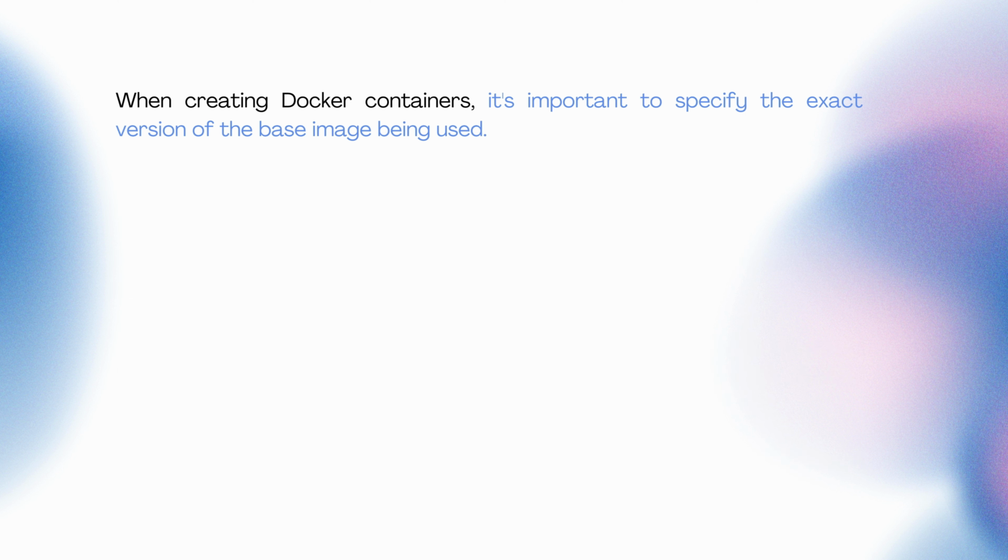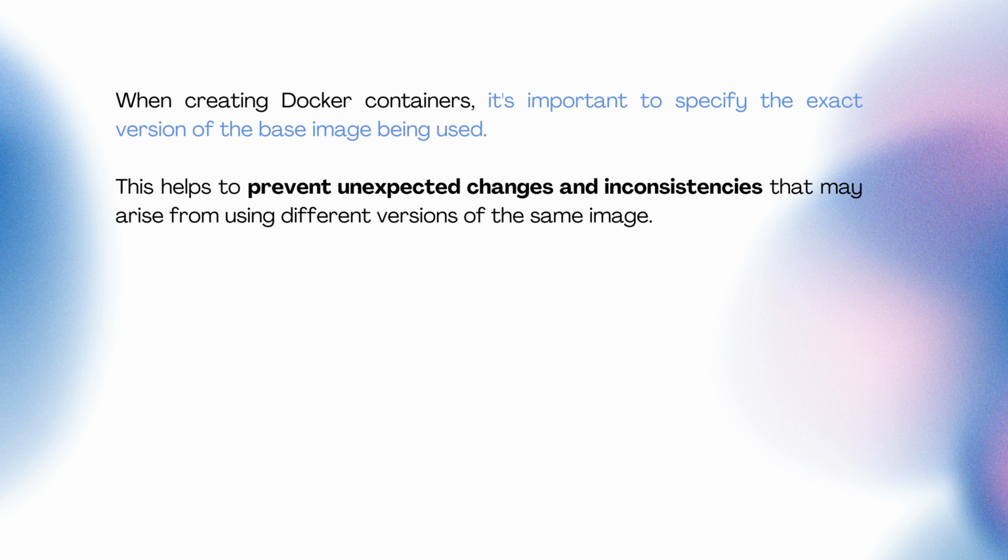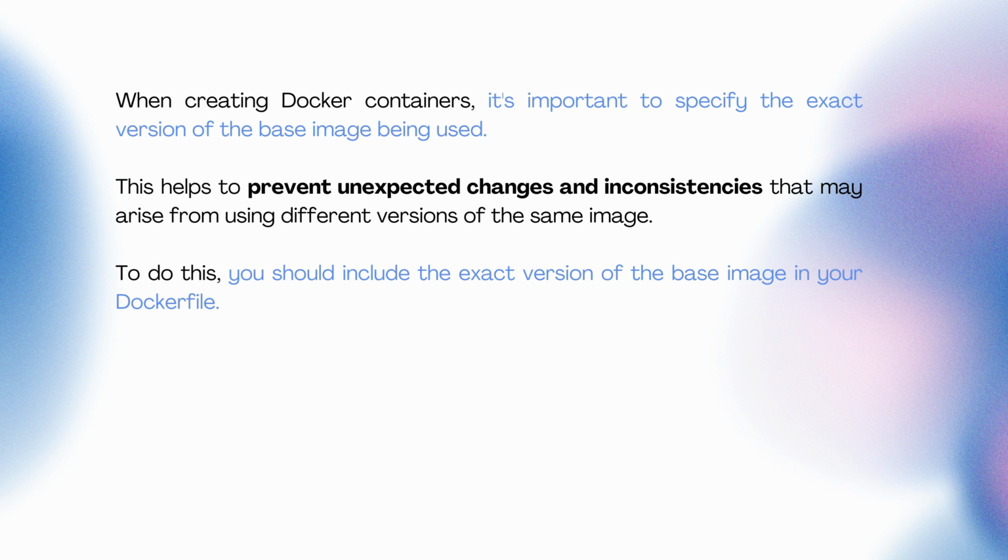When creating Docker containers, it's important to specify the exact version of the base image being used. This helps to prevent unexpected changes and inconsistencies that may arise from using different versions of the same image. To do this, you should include the exact version of the base image in your Dockerfile.